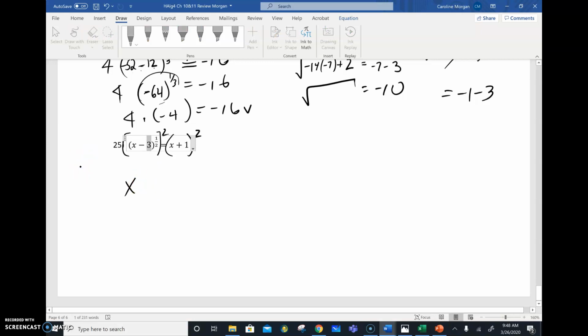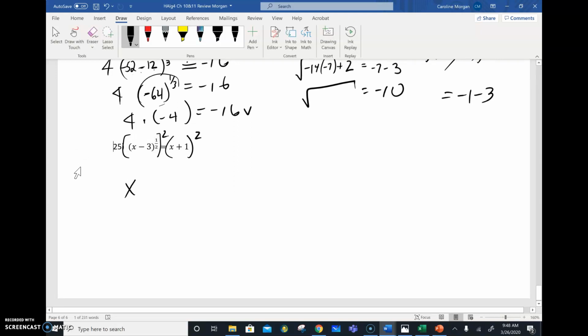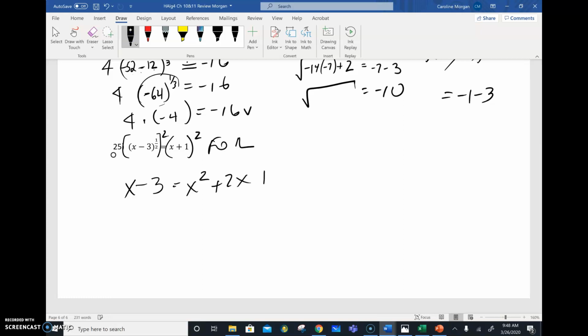I'm going to FOIL. Let's do this. Now FOIL this side, right? Make sure you're foiling it. It's x squared plus 2x plus 1.